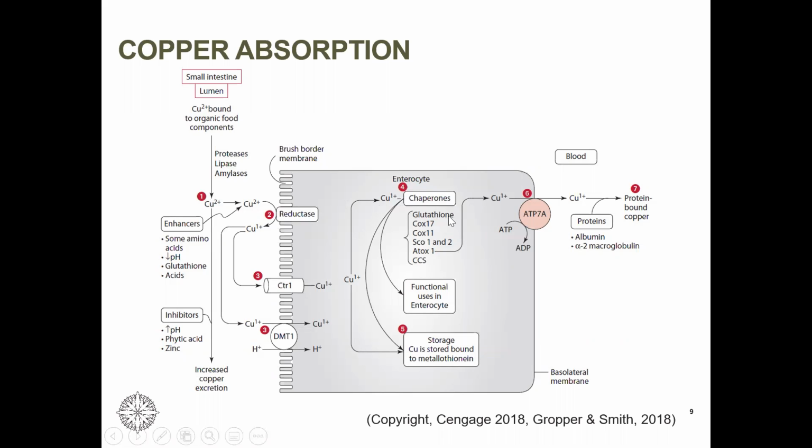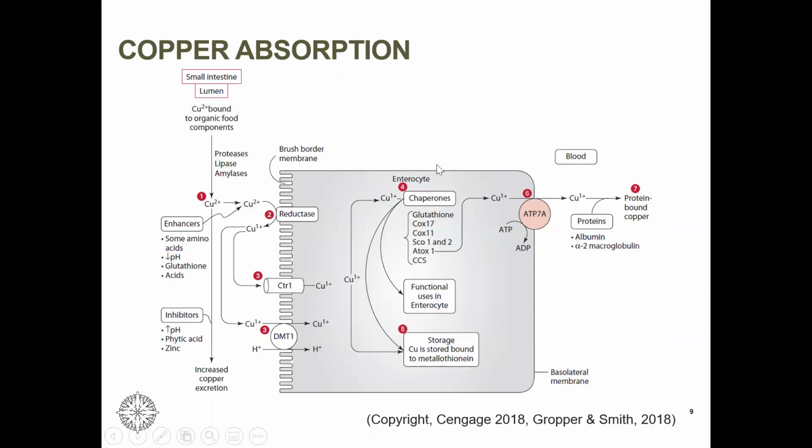These are the transporters specific for copper in the intestinal cells. They are also present in the liver. So when copper is moving about inside the cell, it is always bound to chaperones. You have the names of some of these amino acids that are doing that role, such as glutathione. For now, try to remember only the word chaperones.